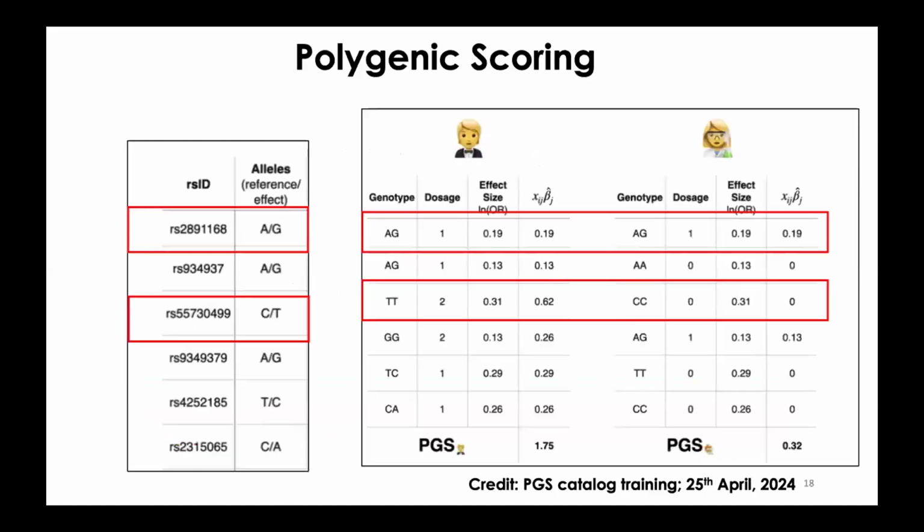So just to put that in context, let's take two individuals. Say you have this gentleman and this lady here, and you've done the GWAS, and you have your variants in one file. You know which variants are GWAS significant, which are on the left here.